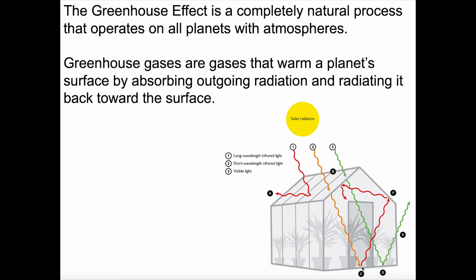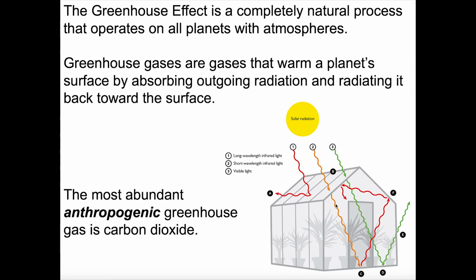Ultimately, it's absorbed, and we'll say for our purposes, with 100% efficiency. Once it's absorbed here at the surface, it's re-emitted as outgoing radiation with a longer wavelength. This longer wavelength is trapped by the confines of the greenhouse, be it glass or plastic in this case.